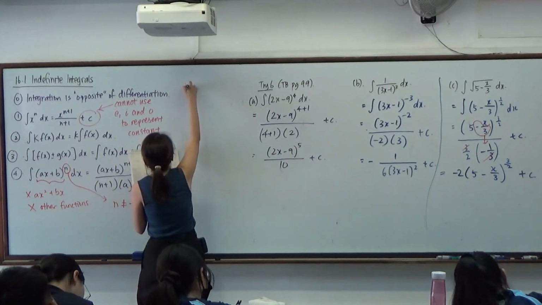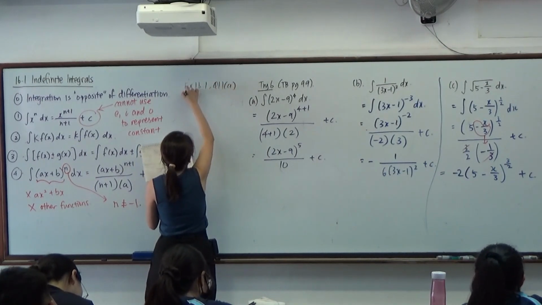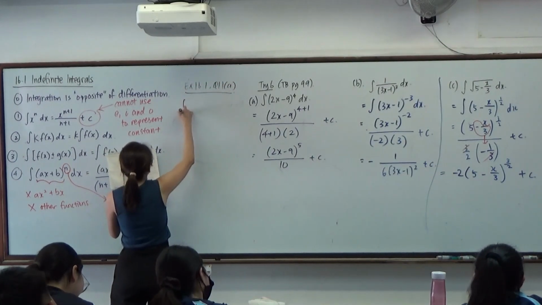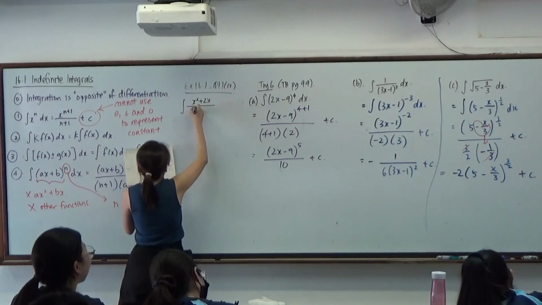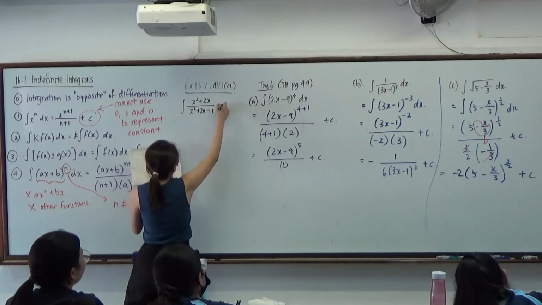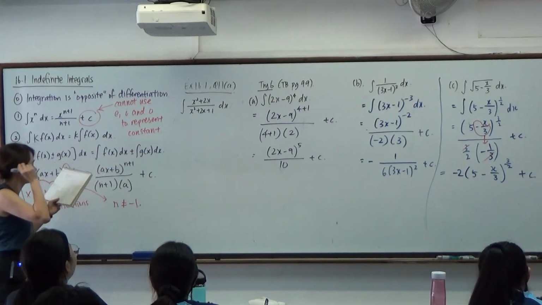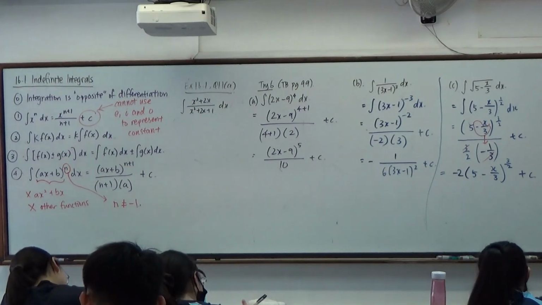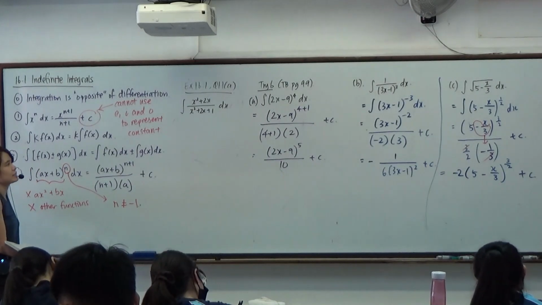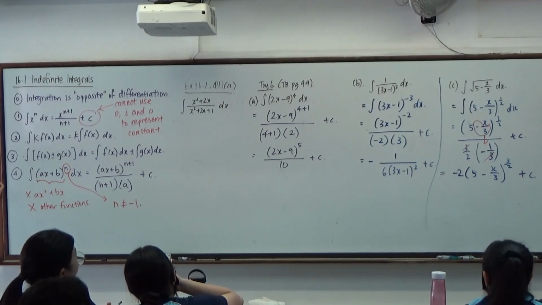Let's just do one more and then we call it a day. So to end off our lesson today, let's look at how to integrate x squared plus 2x over x squared plus 2x plus 1.